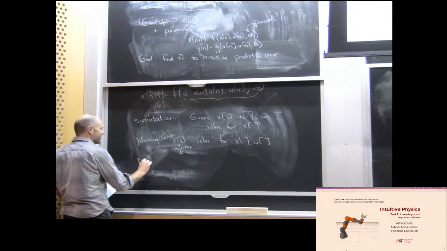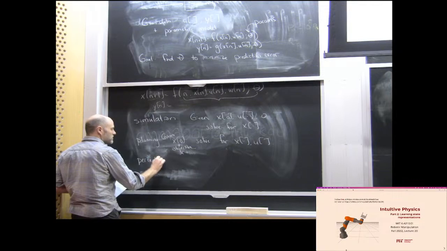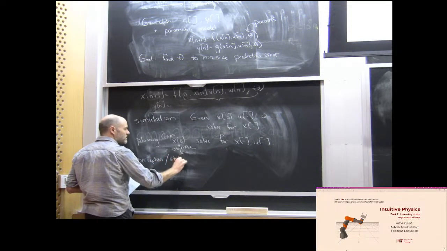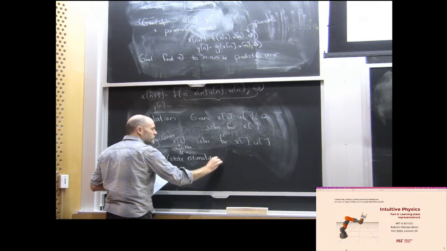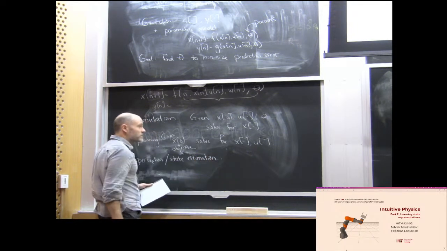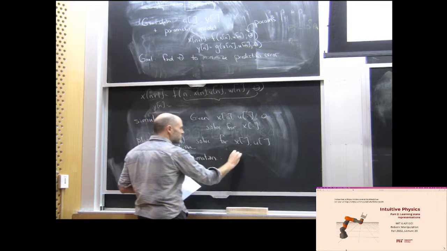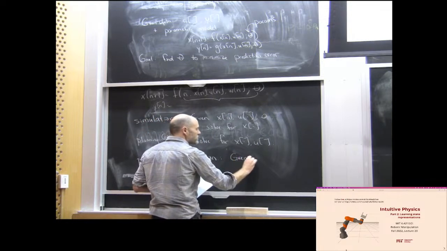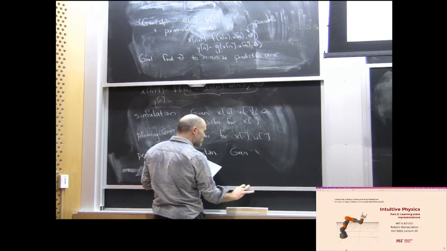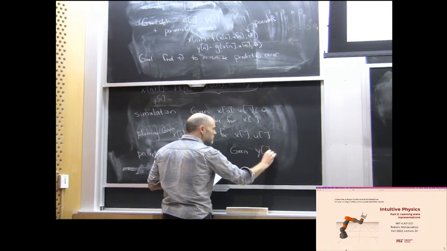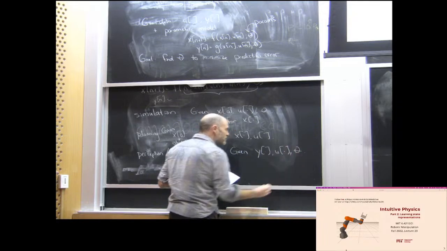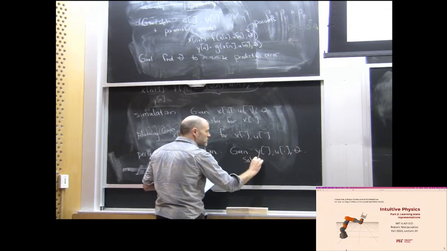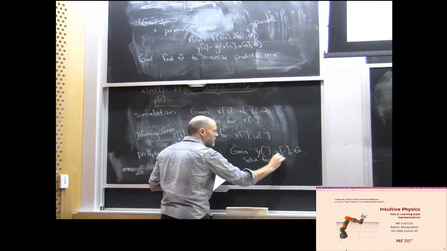Perception, certainly in its state estimation form, is just, again, given my parameters, maybe given my observations, my actions that I know I've put in, and my parameters, solve for x.